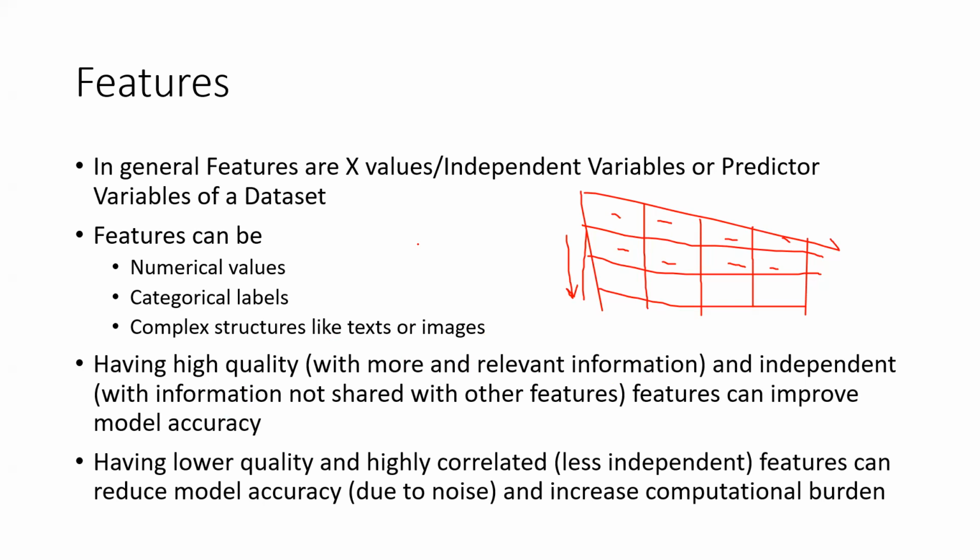Right? And when it comes to features, the idea of doing feature engineering is to find high quality and independent features. Right? What is high quality? High quality means the information. The idea of having features is getting some useful information into our machine learning process, right? So otherwise you can add some non-related information.